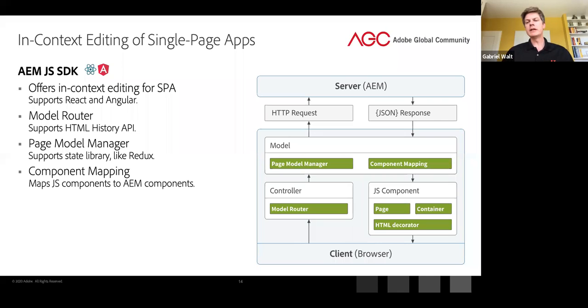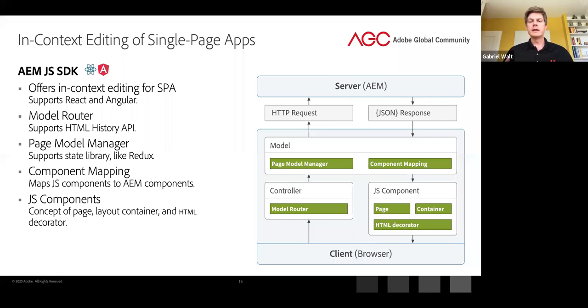And then we have a little HTML decorator that is basically just adding a data attribute if we are in an authoring environment. And so if we are in an authoring environment, the page editor that is loaded in a separate frame from the page will understand which components on the page are editable. So it will recognize within the DOM that the SPA has rendered, which are editable components that exist within AEM.